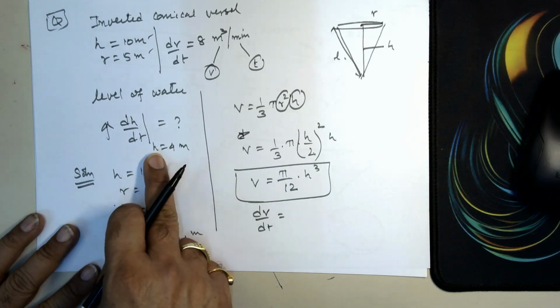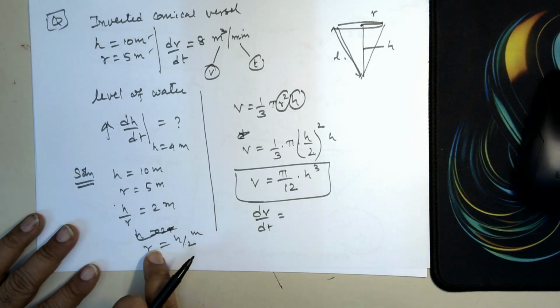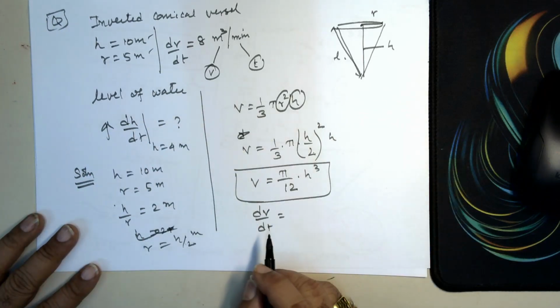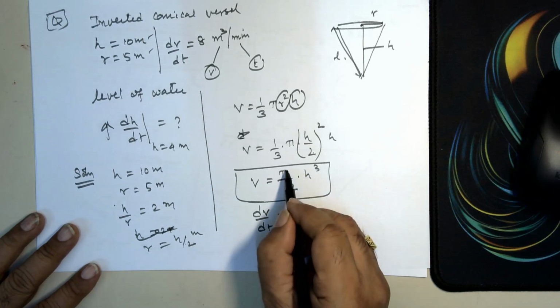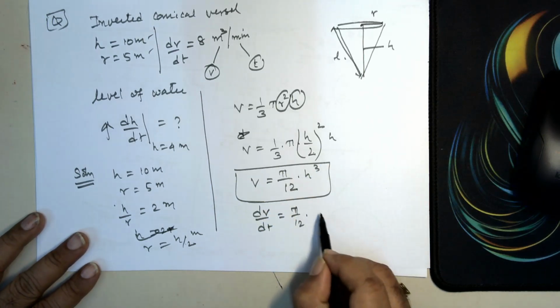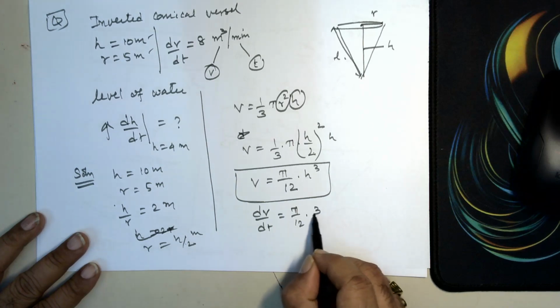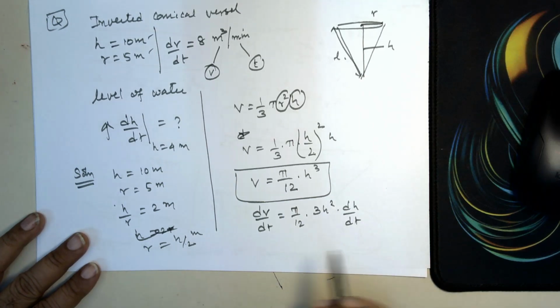Since h is required, we have to retain that h, so r can be substituted. So dV by dt is pi by 12, a constant, times the derivative of h cube, which is 3h squared into dh by dt.